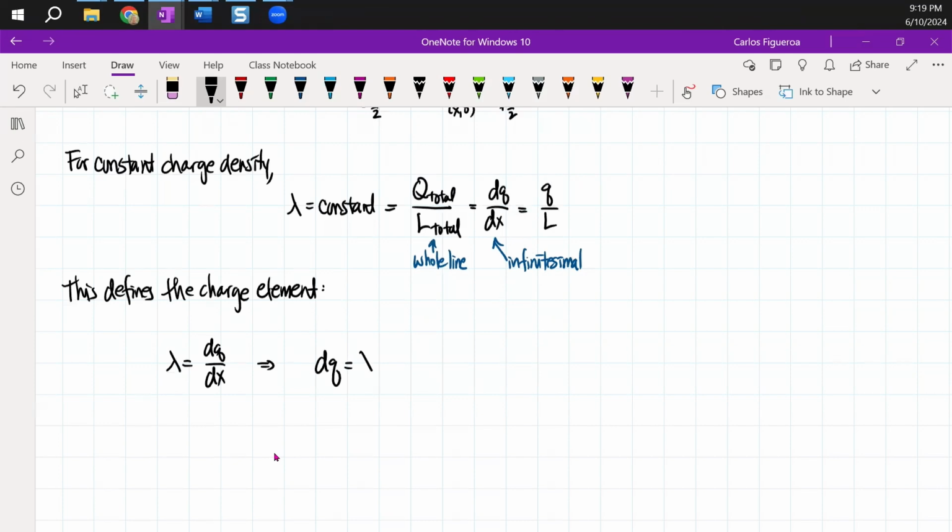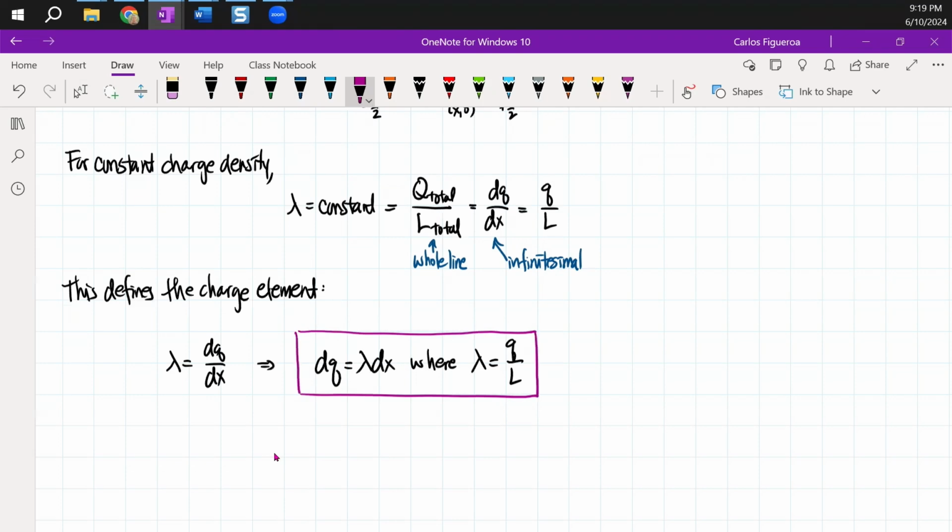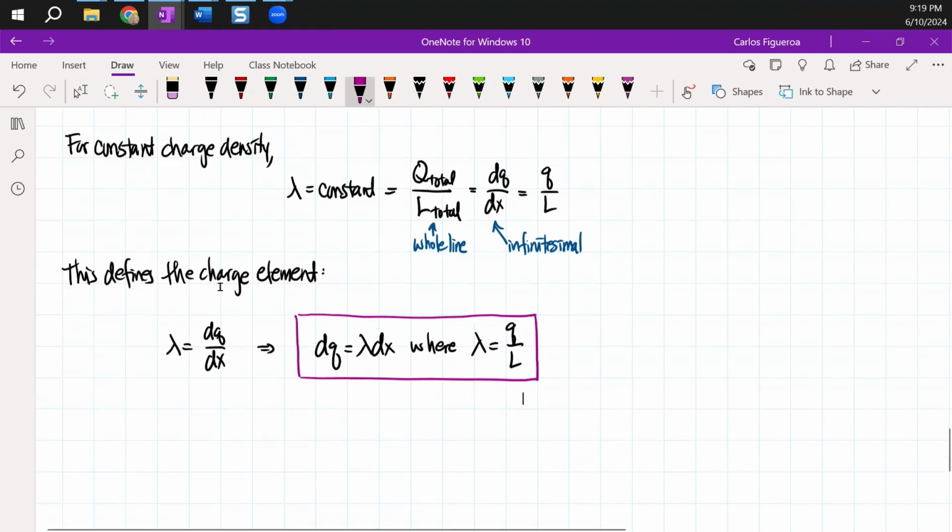And if I solve for dq, it's got to be lambda dx, where lambda is just the total charge over the total length of the line. So now I have my charge density.